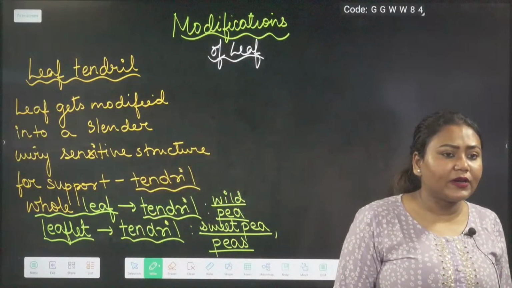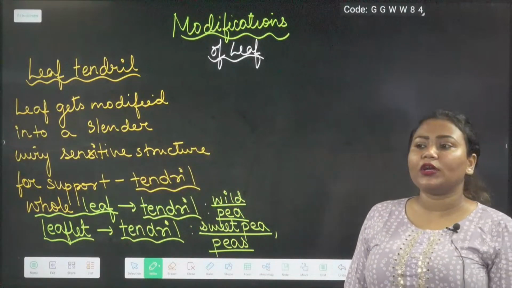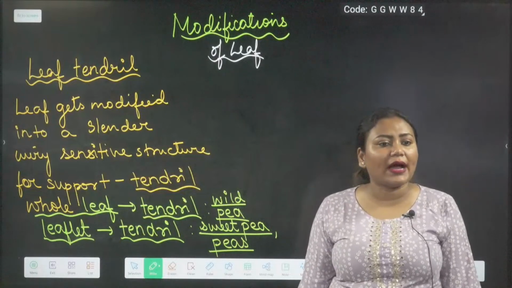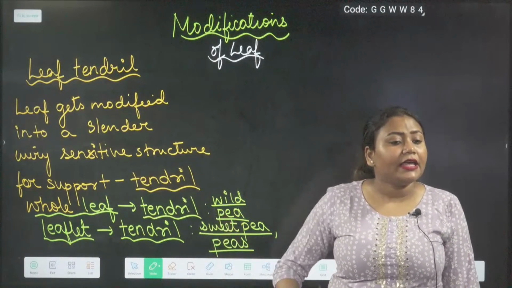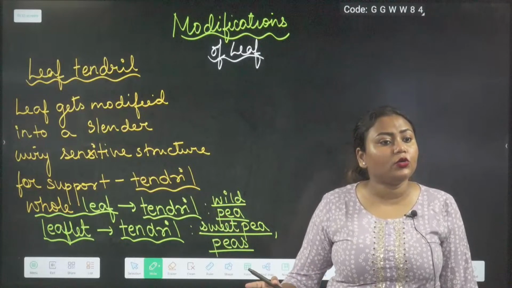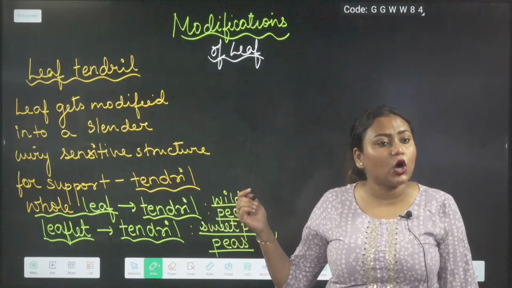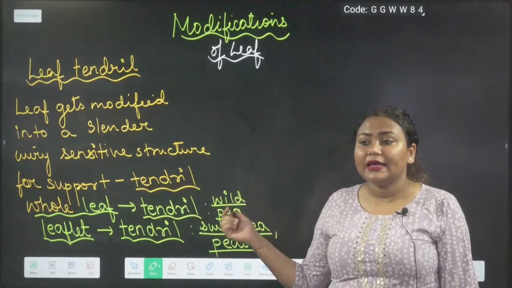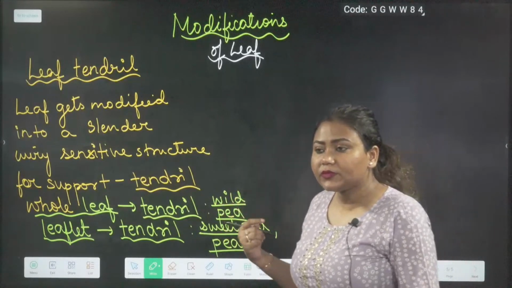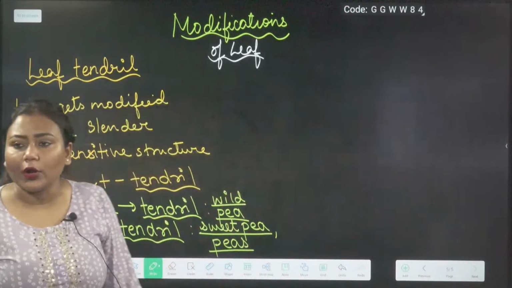So what is leaf tendril? When the leaf gets modified into a slender, wiry, sensitive structure for support, it is your tendril. If the leaf gets modified into a tendril, the example is wild pea. If a leaflet gets modified into a tendril, it is sweet pea and normal peas.